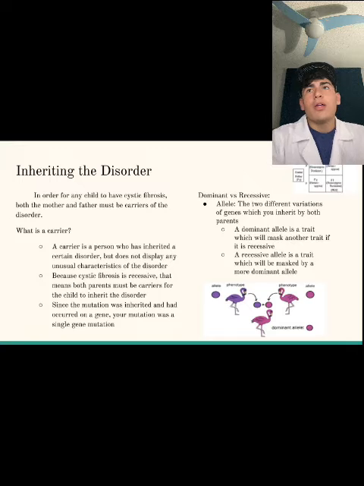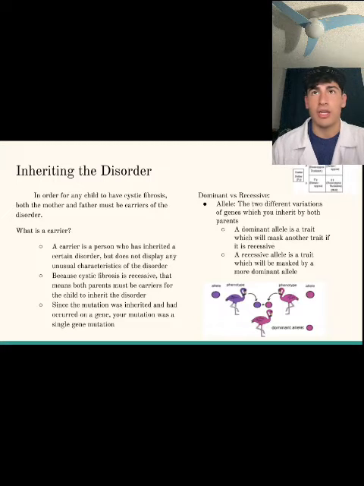In order for you to pass on this disorder to your children, both parents would have to be carriers, and in this case, both parents are carriers. Since cystic fibrosis is a recessive gene, both parents will have to have that recessive gene. Therefore, they're carriers.